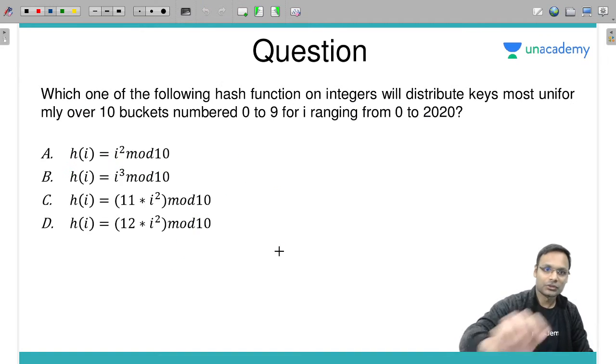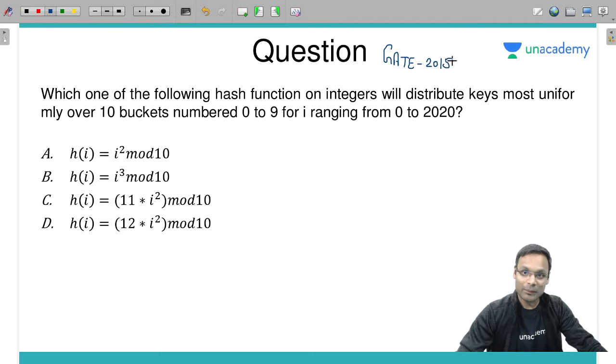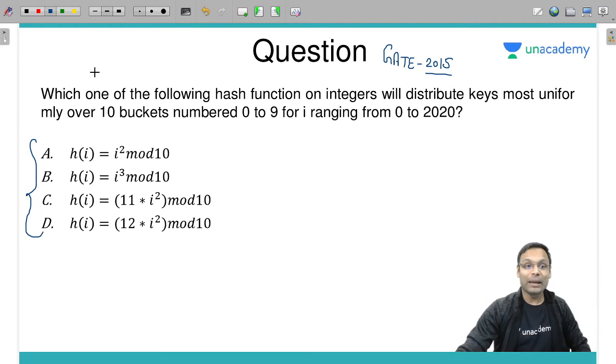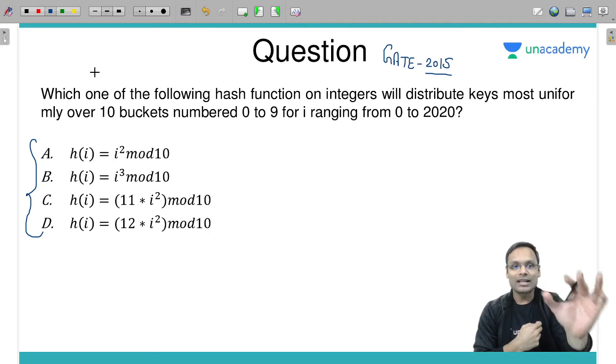Okay? Another question, it's a GATE question, GATE 2015. This exam also I have written, this particular paper I have given, this particular question was there in my paper, and without applying a single function, I was able to answer this question.